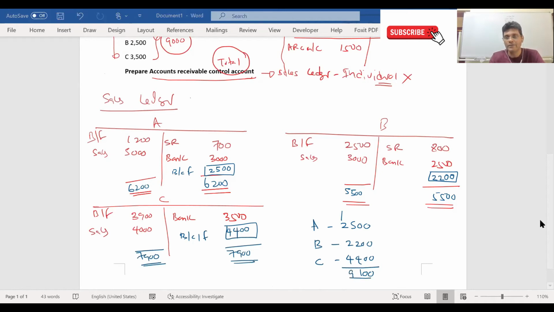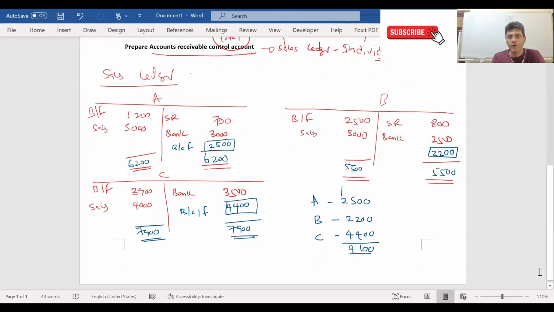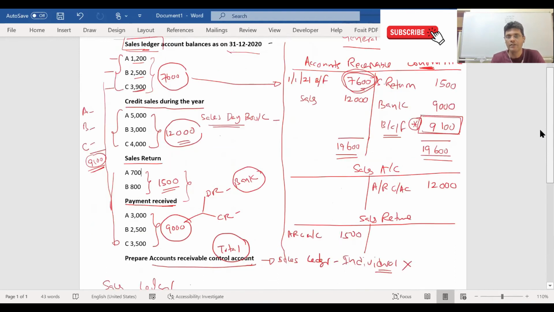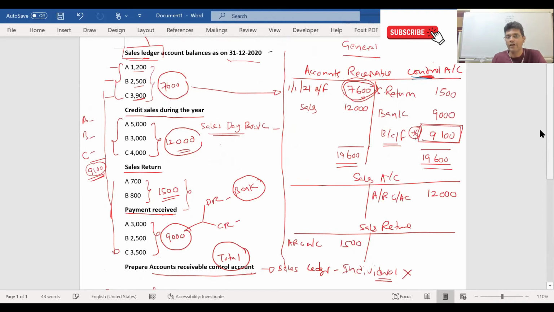Is that clear? Okay. Now, when you take these individual balances, the total is 9,100, which is exactly matching with our accounts receivable control account 9,100. Is that clear? Any questions?